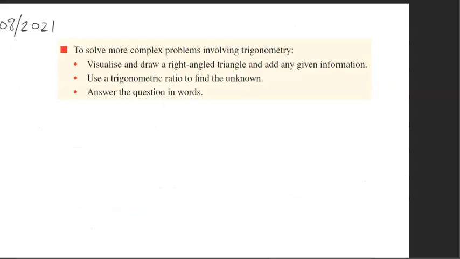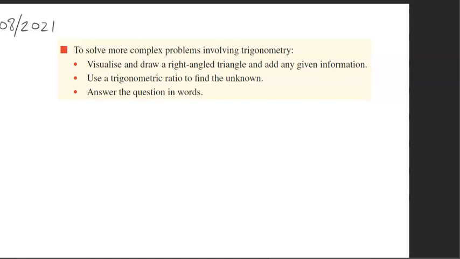Now different students have different approaches in solving worded type questions, and you will see a lot of worded type questions when tackling angles of elevation and depression, and any type of questions that use trigonometric identities and the inverse. The best way, and this is taken straight from the textbook, and there is one more little thing I'm going to add to this.